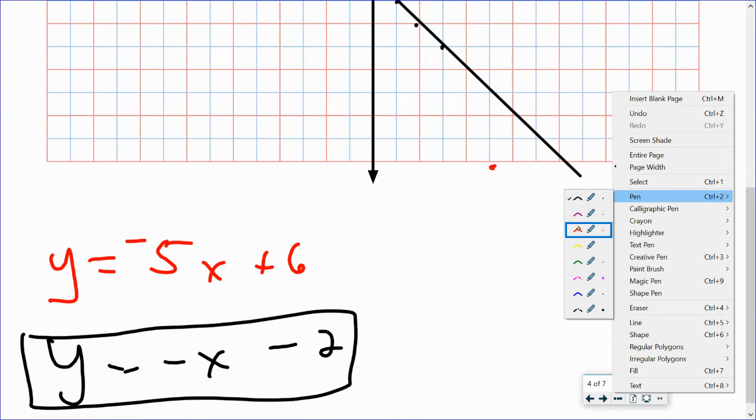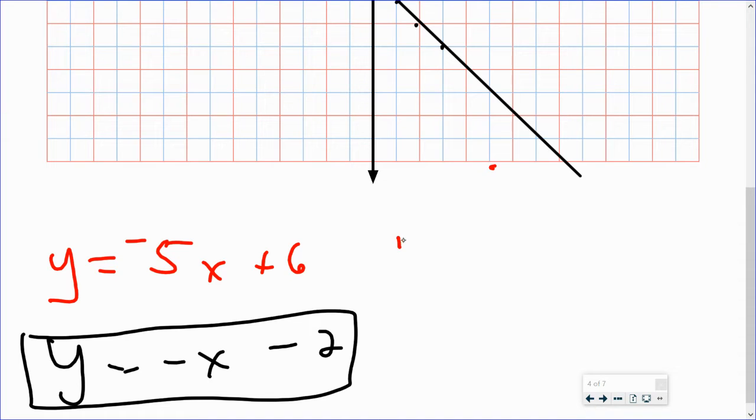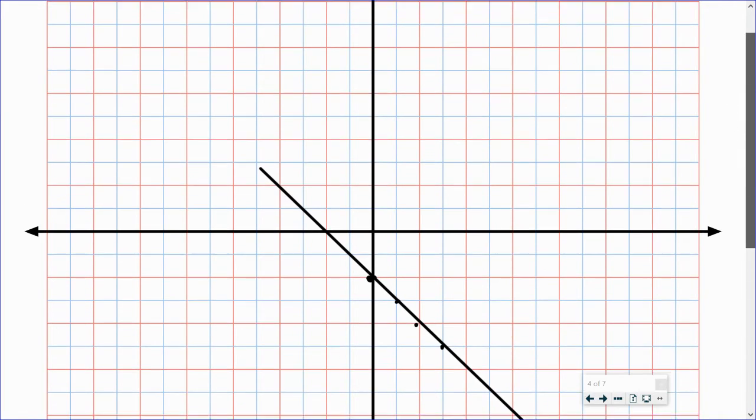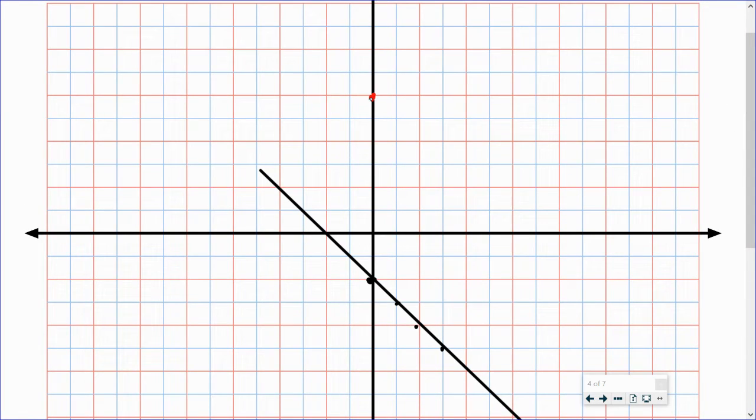Let's look at this one. The slope is negative 5/1, and the y-intercept is 6. So I'm going to graph the 6 first, 2, 4, 6, and then negative 5/1: down 5, right 1. There it is.